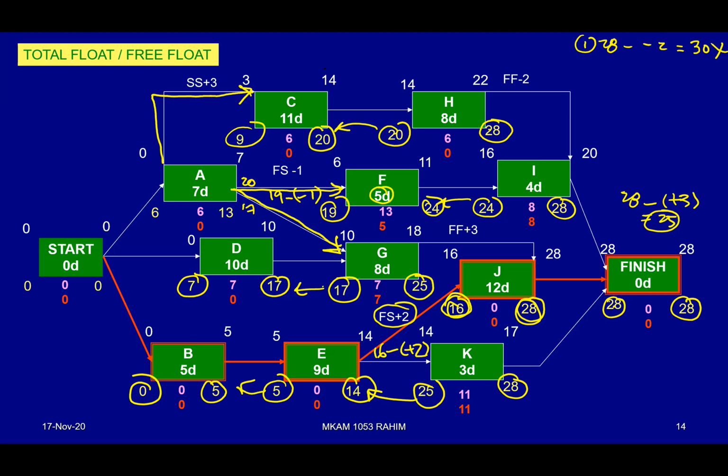So the value that we are going to use is the front value 9 here, going through this line, 9 minus plus 3, equivalent to 6. 6 is here. If we want to know the late start and late finish, 6 plus 7 equivalent to 13. So now we must evaluate between 13, 17, or 20.